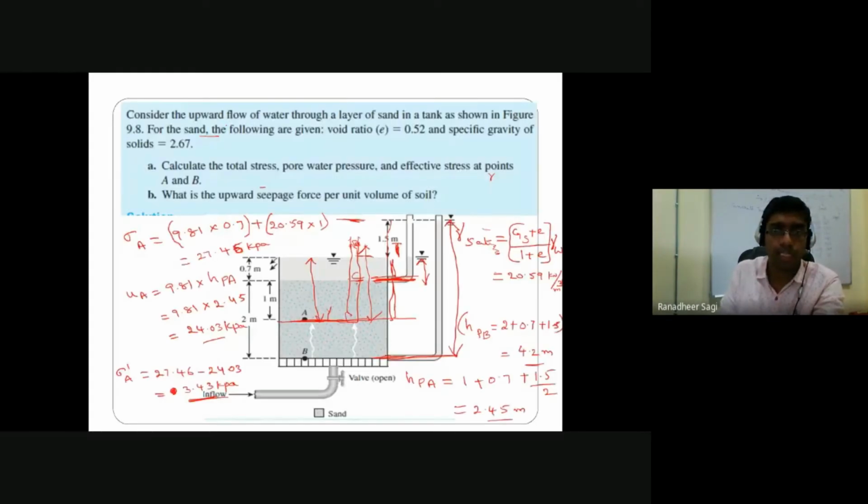My total stress at point B is nothing but, because of the 0.7 meter water body, some stress will be there at point B. Because of the next 2 meter saturated soil strata, I'll have some more stress at point B. That I can write as 9.81 into the first 0.7 meter plus the saturated unit weight of the soil strata, which was 20.59, into the next 2 meters. So this is going to be my total stress at point B, 48.04.